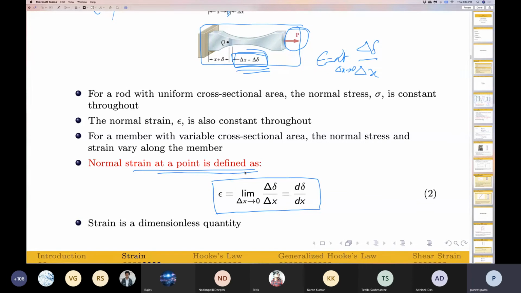No matter how much we zoom in, that point is going to be occupied by some kind of material with which you have made the bar. So the normal strain at a point over here will imply the small change in deformation of this small zoomed in area that you are looking at. That is the direct physical interpretation.